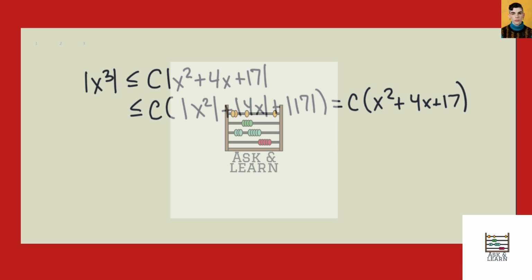Right, which is going to be less than or equal to c times x squared plus x squared plus x, right? Because we assume that x is at least 17, which allows us to change the 4 and the 17 into an x and know that it's going to be a greater value.